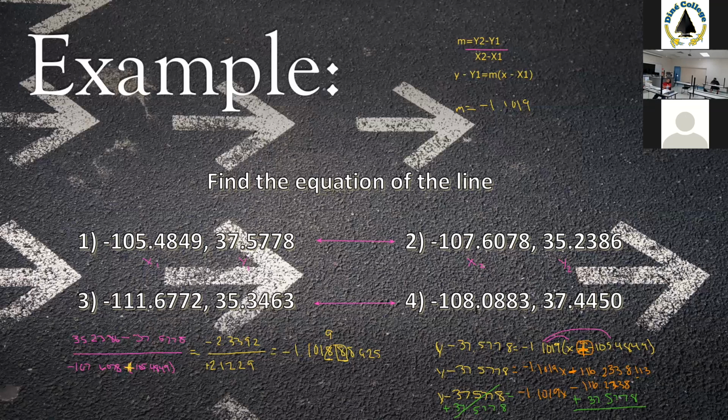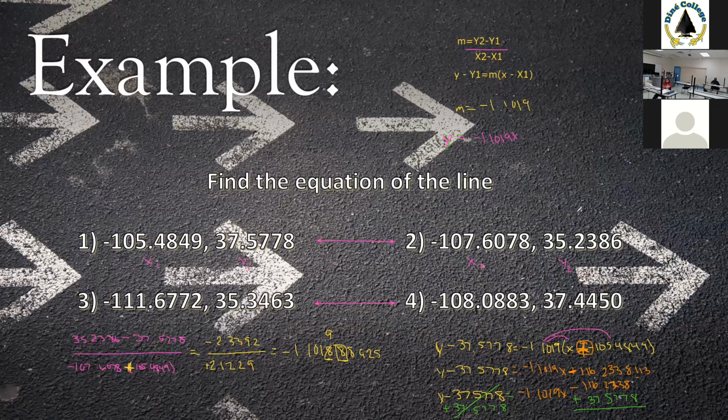So now, since we have all that in our new answer, we are going to rewrite everything on top right here. So our equation of the line is y equals our slope, which is negative 1.1019x.